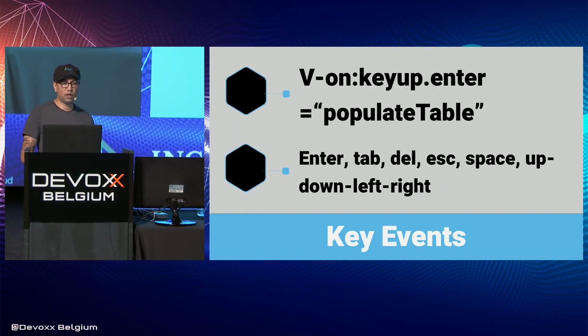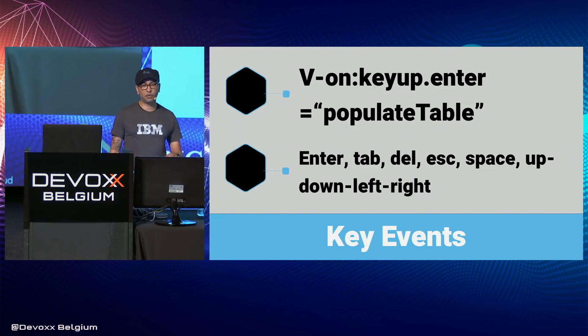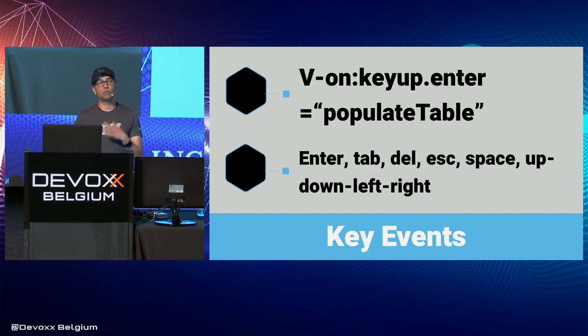The target should be itself, right? And we can do more specific event modifiers as well inside of an input field, for example. We could say keyup.enter. So when the person hits enter, run this method that we have defined inside of our application.